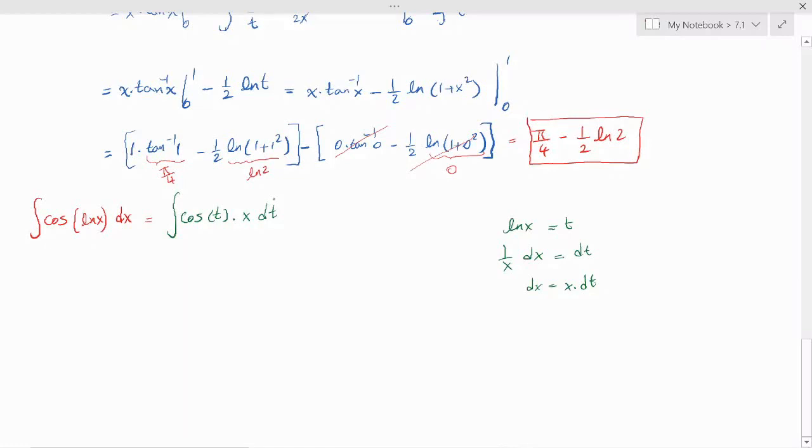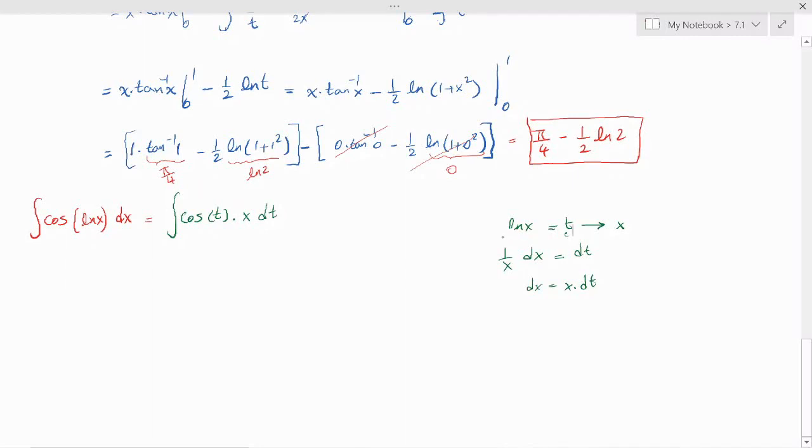Notice that the substitution doesn't really help, because in cosine t times x times dt, there is an x and there is a t. So what you can do here is find out what x is. Using this substitution, I can find out what x is. Raise both sides to the power e.